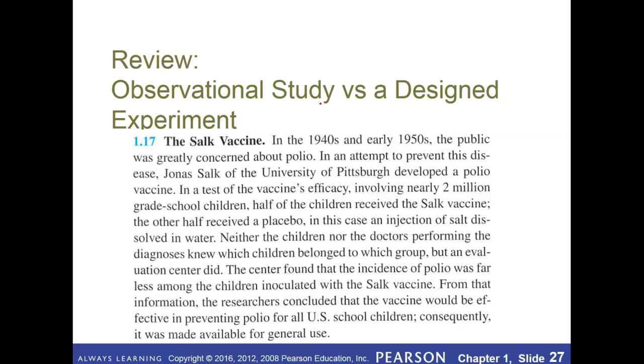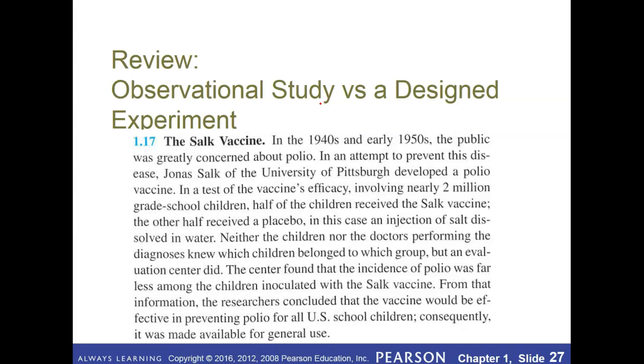Neither the children nor the doctors performing the diagnosis knew which children belonged to which group, but an evaluation center did. The center found that the incidence of polio was far less among the children inoculated with the Salk vaccine. From that information, the researchers concluded that the vaccine would be effective in preventing polio for all U.S. school children, and consequently it was made available for general use.